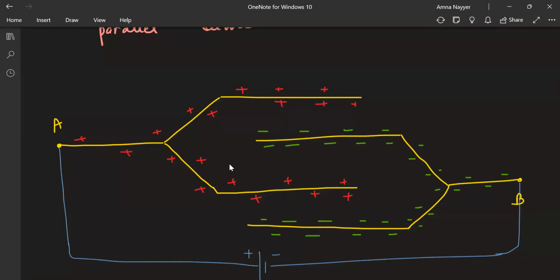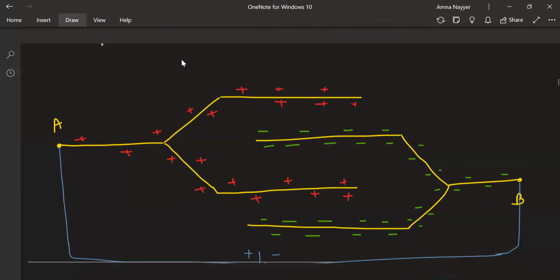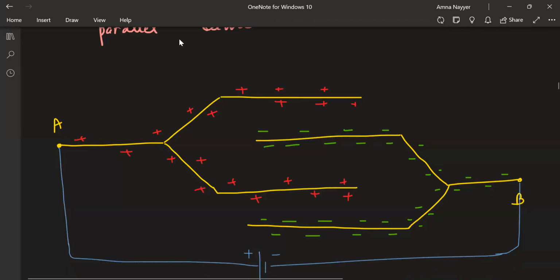Now see how we have to solve this. What did I tell you, Basmi? Can you recall how a capacitor is created?